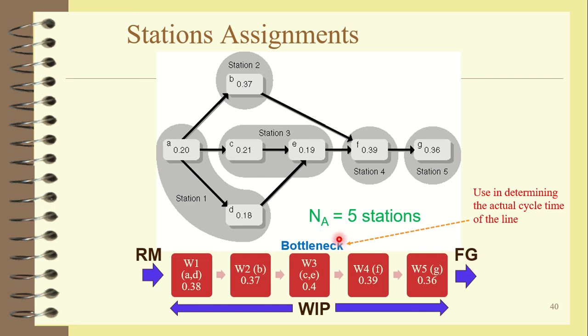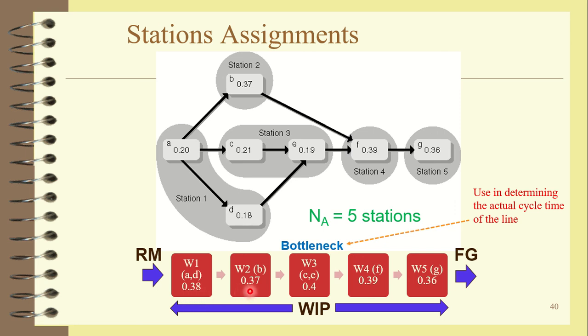And the bottleneck of this line is equal to the maximum cycle time of the workstation. So here the cycle time of this workstation is equal to 0.38.